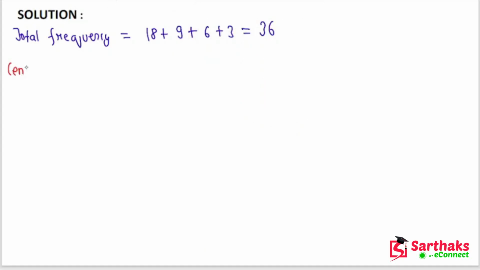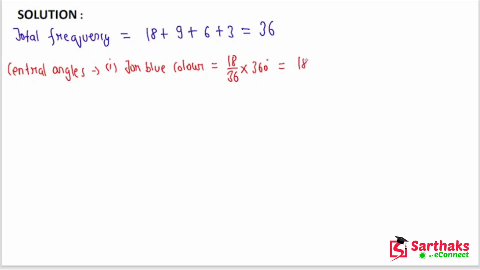So central angles. First, for blue color is equal to, now the frequency of blue is 18, total frequency equals 36, into 360 degree. We will find it is half into 360, we will get 180 degree, right?